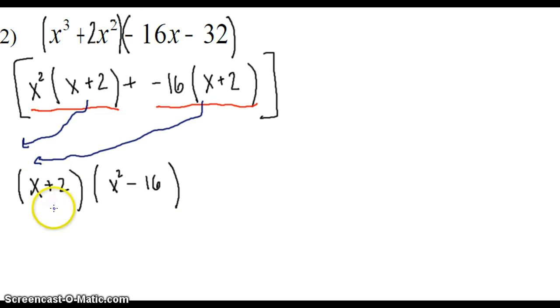Looking at this now, I know that if x plus 2 is a factor, then negative 2 is a root. And here I have a quadratic which can factor. This is the difference of two squares. So if I put this in complete factored form, I have x plus 2, and then the difference of two squares factors as x plus 4 and x minus 4.